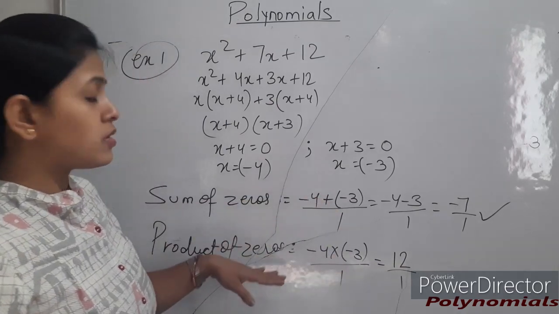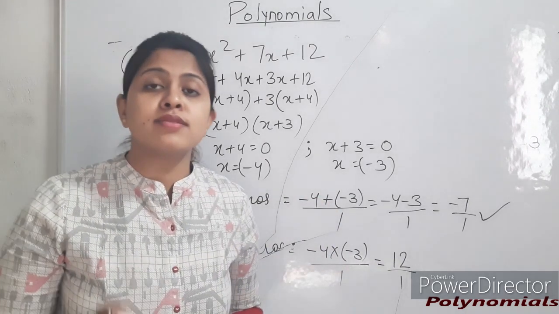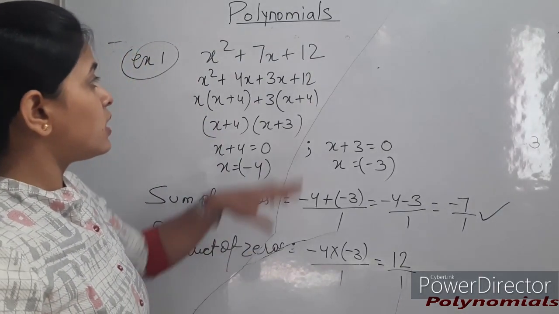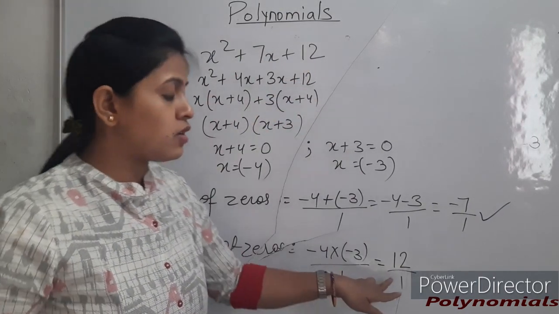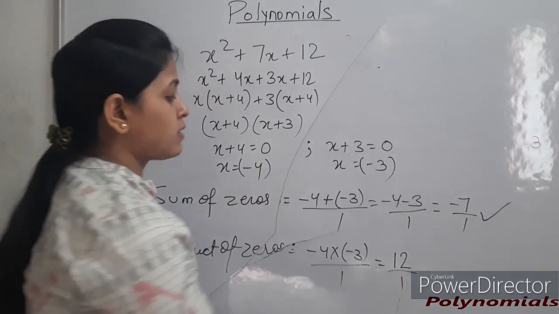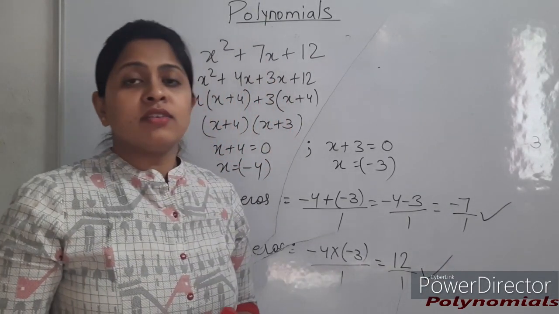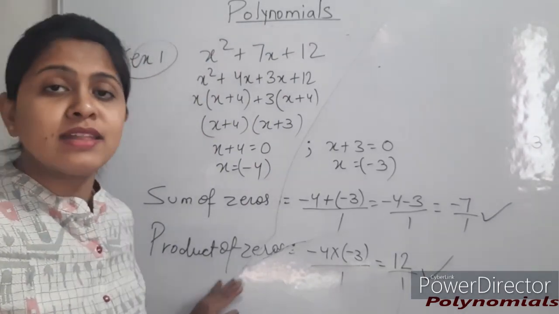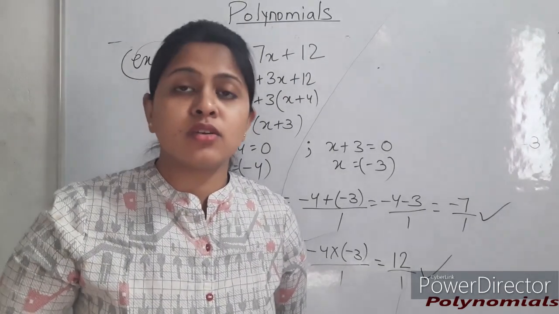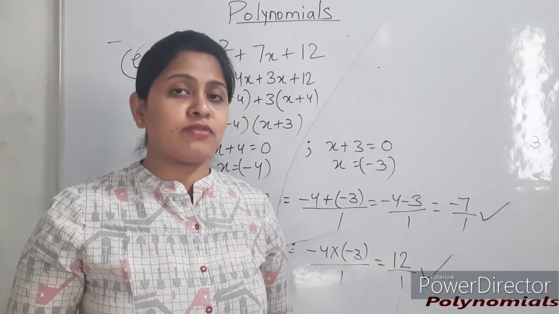The formula for the product of zeros is the constant term divided by the coefficient of x square. Here the constant term is 12, divided by 1. So it is verified. Hence the relation between the zeros of the polynomial and its coefficients is verified.